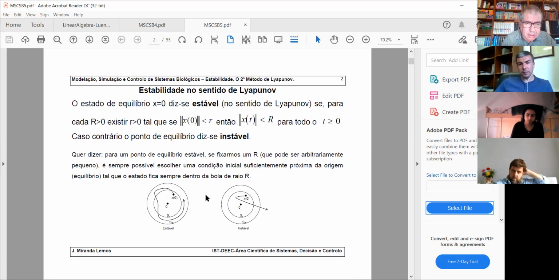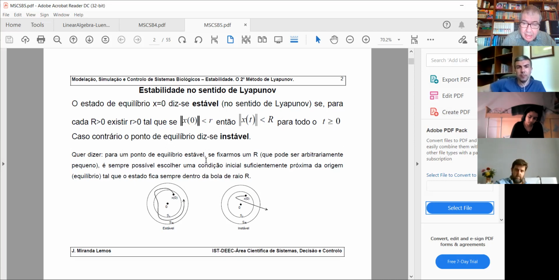using this definition that is like a game. So José gives me a number R, capital R number. And José wants the norm, that is to say, the size of the vector x, to be smaller for any t. So José wants the size of the state to be smaller than this capital R for any t.